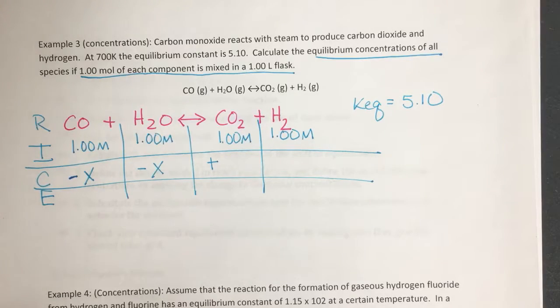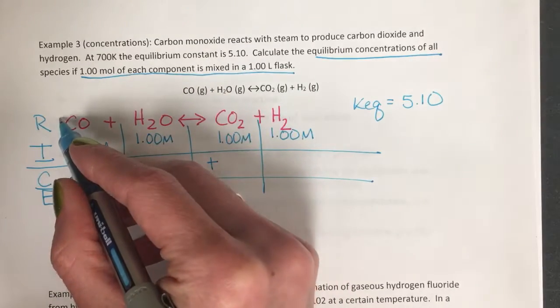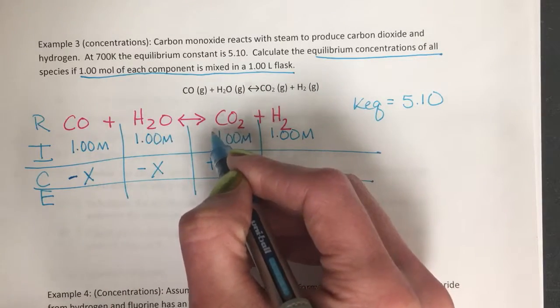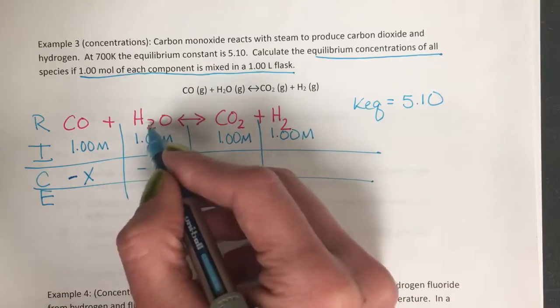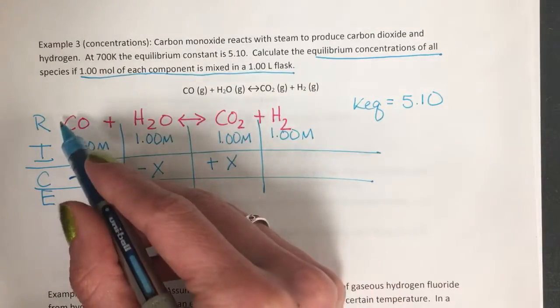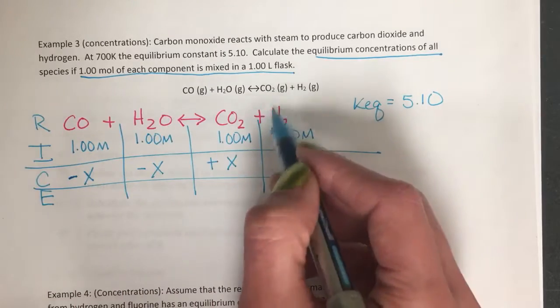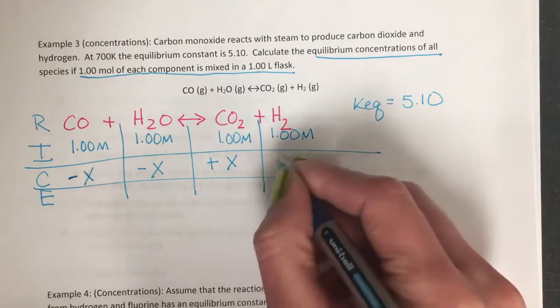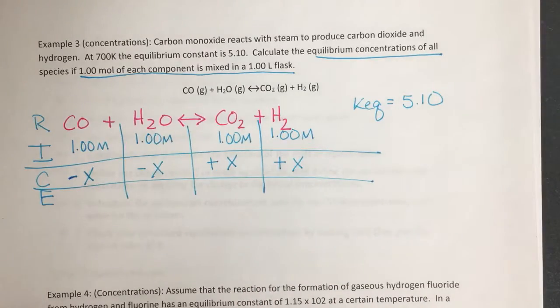Now, instead of having a new variable, this is 1 to 1 to 1. So if this goes away by x, I would have x amount form. Same thing, 1 to 1 to 1 to 1. So if this went away by x, this will form by x.